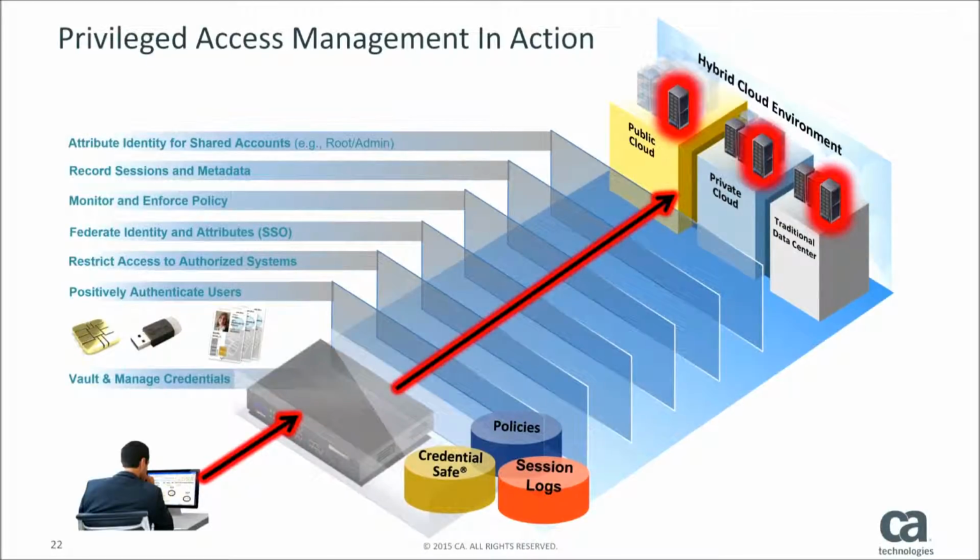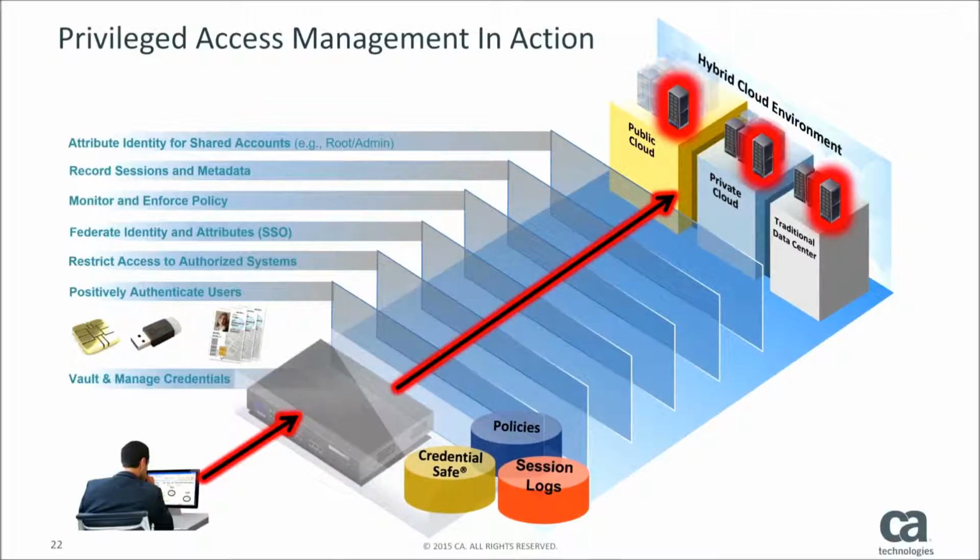And finally, you want to attribute identity for shared accounts. So you want to make sure that if someone uses a shared account, because sometimes it's really needed, you can trace it back to the original user. So the root or admin or DBA admin is not root. It is Marian, it is John, or it is David.